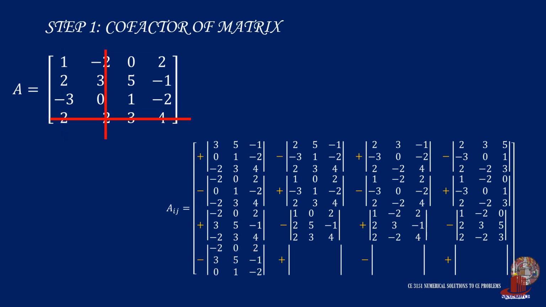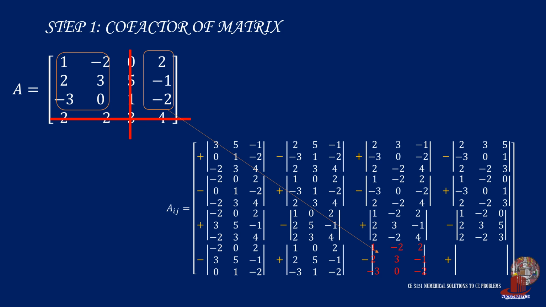Move to the second column and get the uncovered elements as minors for element A42. With row 4 and column 3 covered, we get 1, negative 2, 2, and then 2, 3, negative 1, negative 3, 0, and negative 2. And finally, we have the last element A44 minors by covering row 4 and column 4.